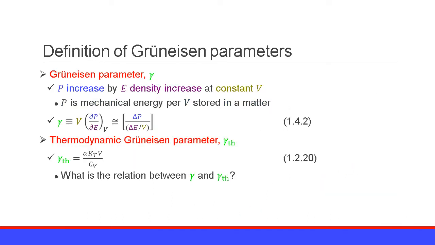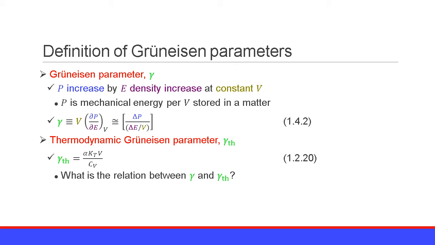In this slide, we define the Grüneisen parameter. The physical meaning of the Grüneisen parameter gamma is at what rate the pressure P increases with increasing density of the internal energy E when the volume V is kept constant.